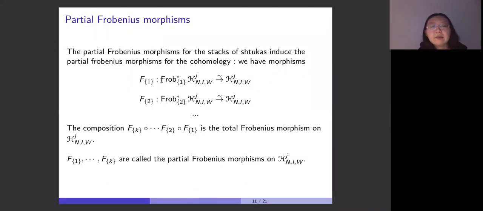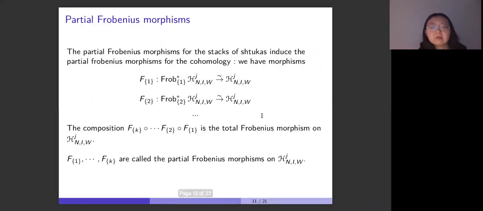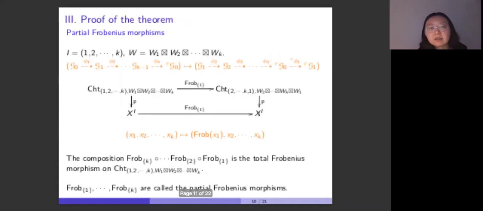So you get the partial Frobenius morphism on the relative cohomology sheaves. The relative cohomology sheaves live on X power I. Oh, I forgot to write minus n. So they are on this.